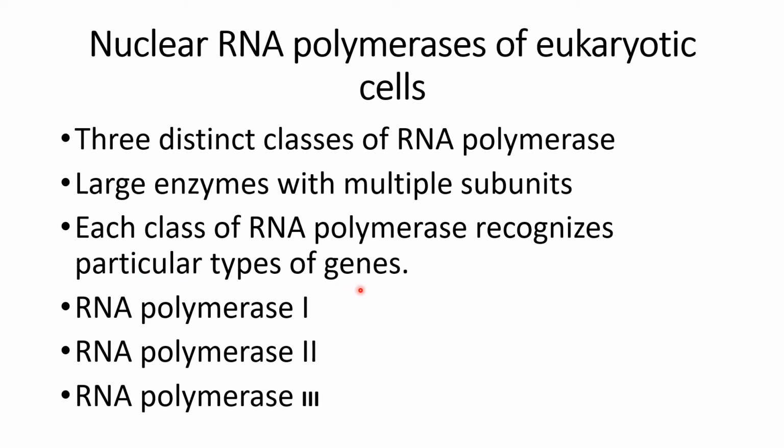It means that these particular types of genes carry their specific set of promoter regions. So each type of RNA polymerase is specific for the promoter regions present on specific genes. These three types are RNA polymerase 1, RNA polymerase 2, and RNA polymerase 3.